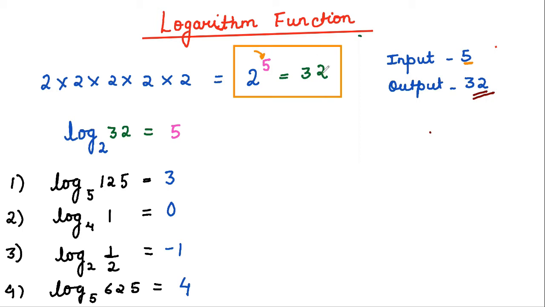And we were getting output as 32. But in log, we have the output. We know that 2 should be raised to some power so that the output is 32. Now we are finding out what the input should be.